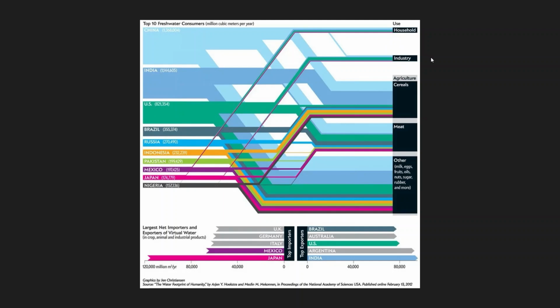What we really care about is the percentage breakdown of these countries going into these different categories, but because it splits off in this manner, it's hard to interpret how much of each country's overall water consumption is used in each category.